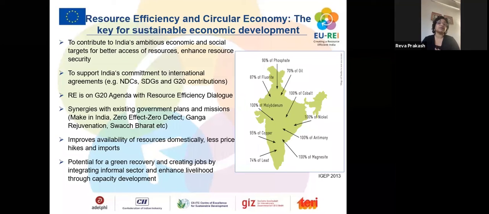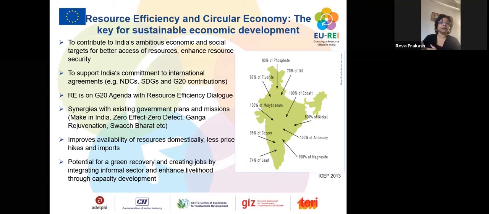So resource efficiency from that perspective also makes sense for India. India is going to be hosting the G20 in 2023, and there it will also be hosting the G20 dialogue, and it will obviously need to demonstrate to the rest of the world what it has done so far. I'm also going to go into detail on what that movement has been in India.